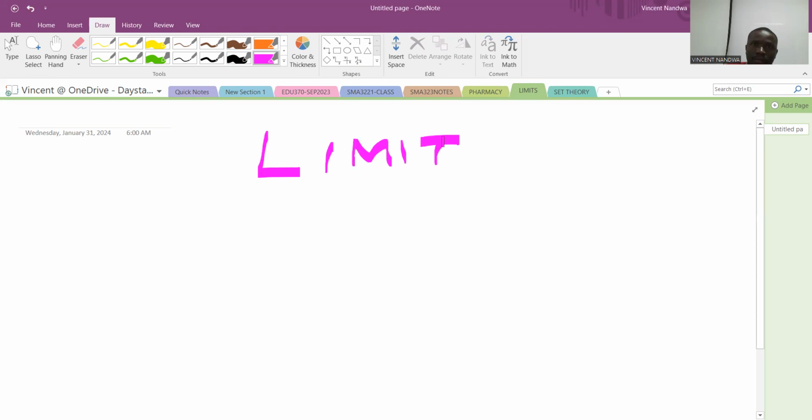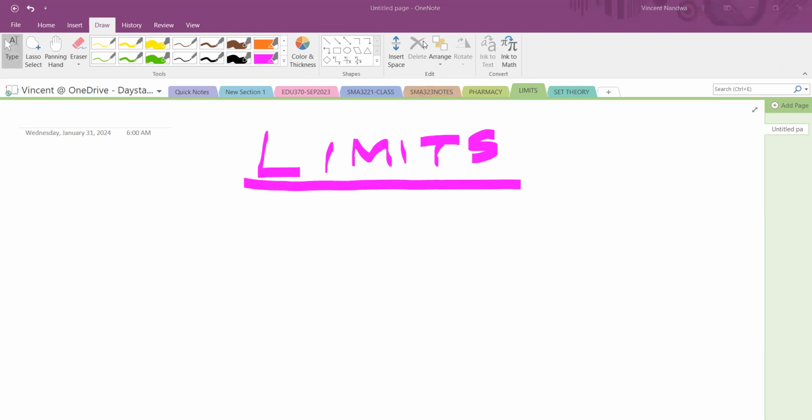So we are introducing limits. First, let's start by giving the informal definition of the concept of a limit of a function.